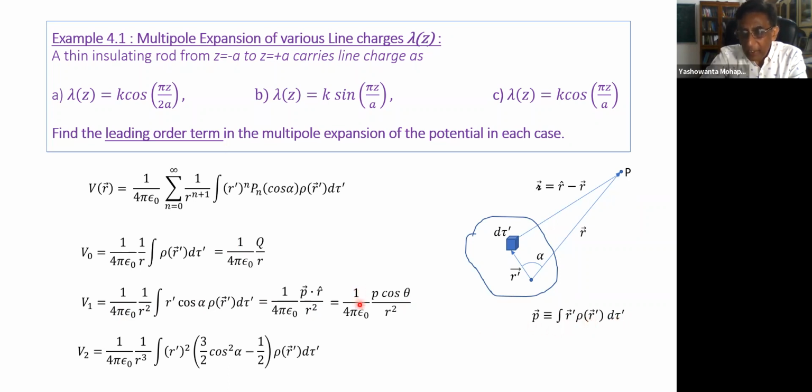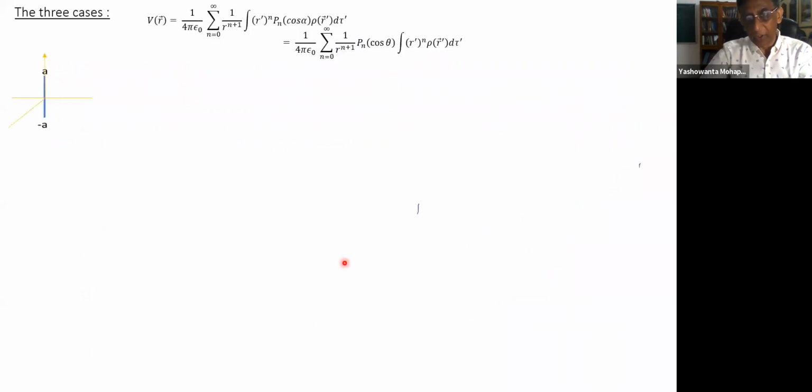If I've chosen spherical coordinates, then p dot r will be simply p cos theta over r squared if my p is pointing in the z direction. I'll describe this more, but this is the monopole term, this is the dipole term, this is the quadrupole term. So we know this is independent of origin.